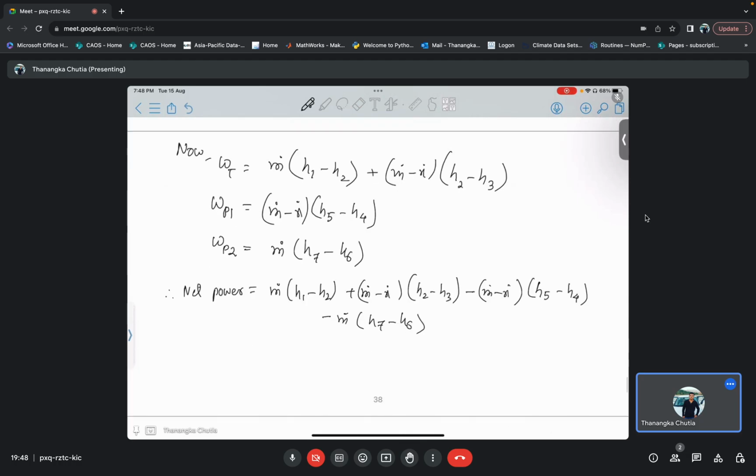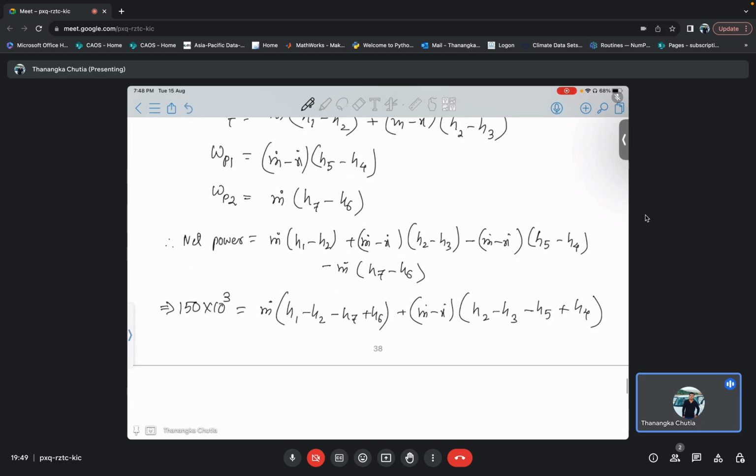Now let me write this one. And what is the net power? Net power is 150 into 10 to the power 3 if I write this in terms of kilowatt. So m dot times h1 minus h2 minus h7 plus h6, plus m dot minus x dot times h2 minus h3 minus h5 plus h4.